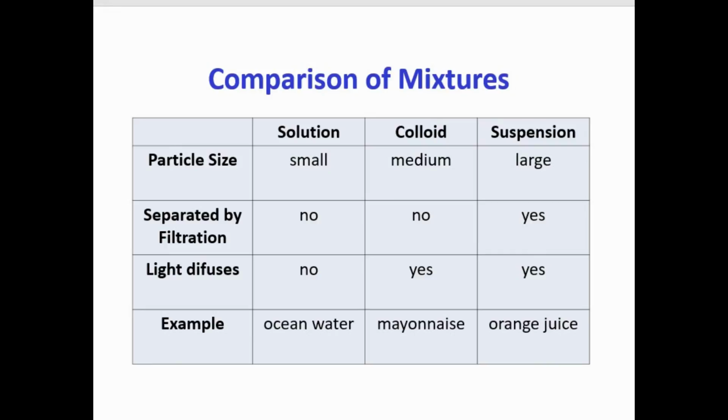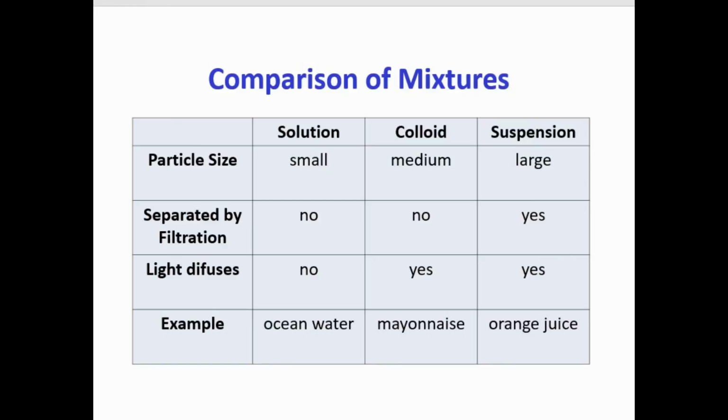In solutions, the solutes cannot be filtered out. They also cannot be filtered out in colloids, but we can easily filter a suspension. Now the Tyndall effect, does light diffuse as it goes through it? Can we see that beam of light go through it? In a solution, we cannot. But both with colloids and suspensions, we can see that beam of light.